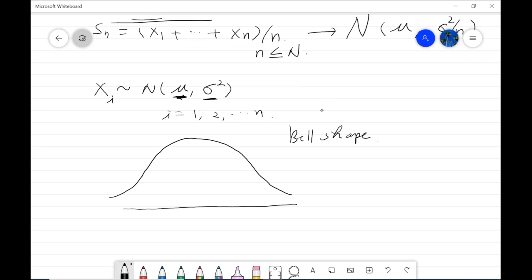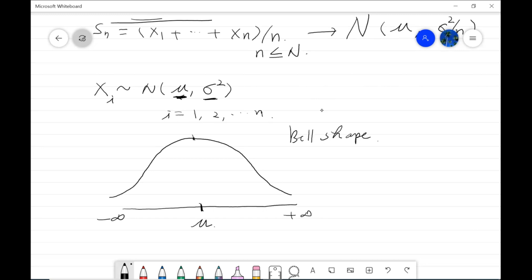Under the normal distribution, it can take any random number from minus infinity to plus infinity. Normally, the top portion of this curve is what? Mu, the average, the mean.